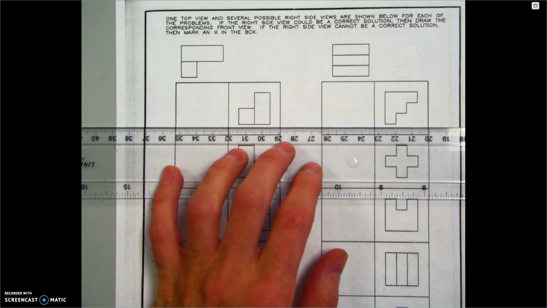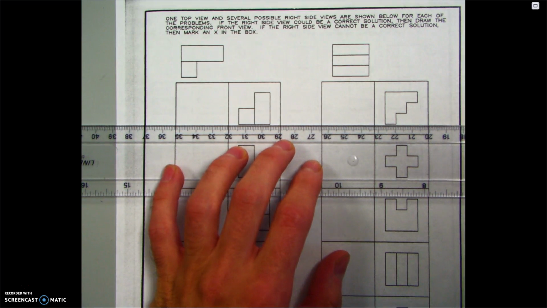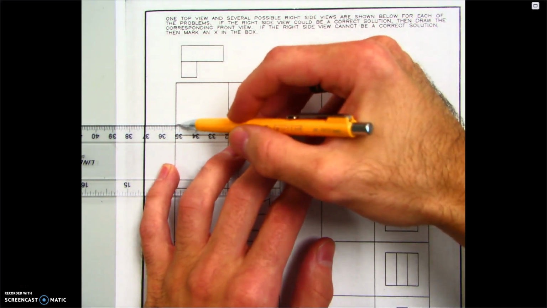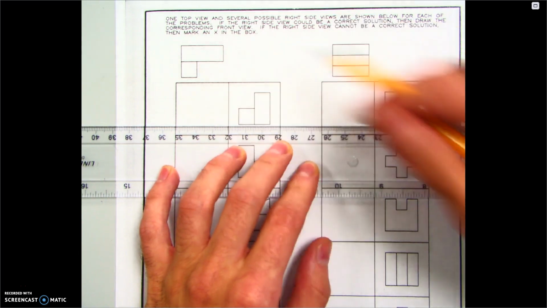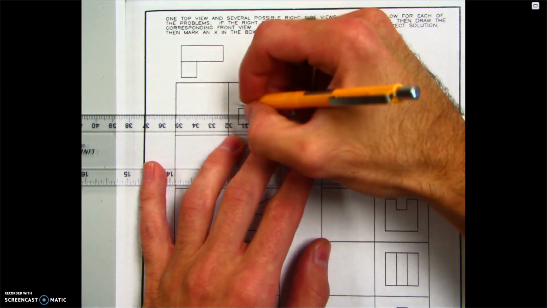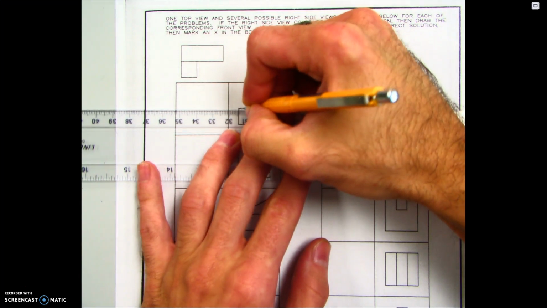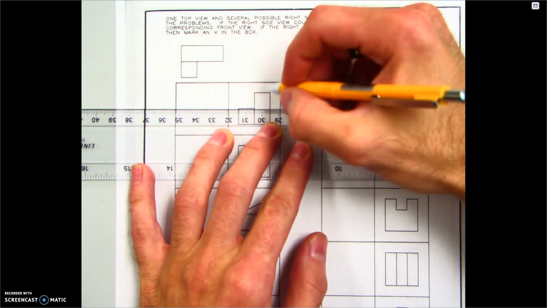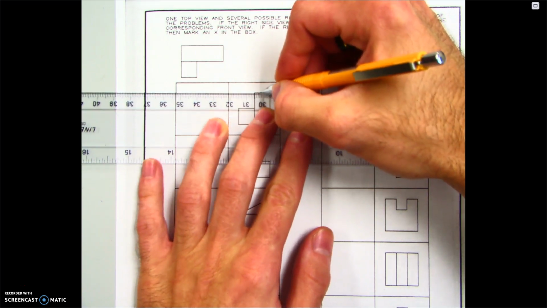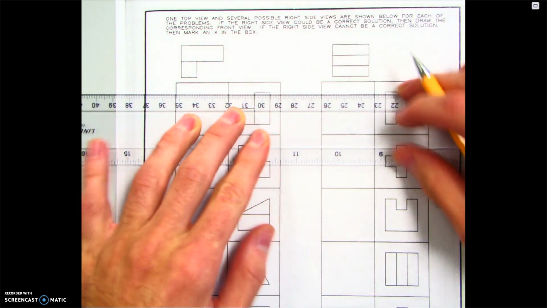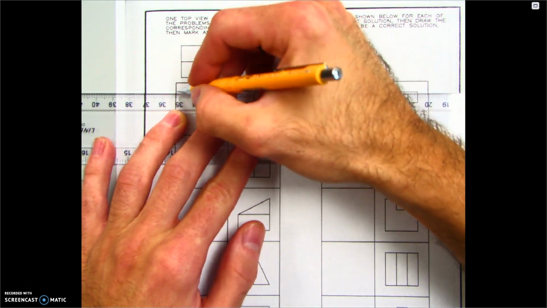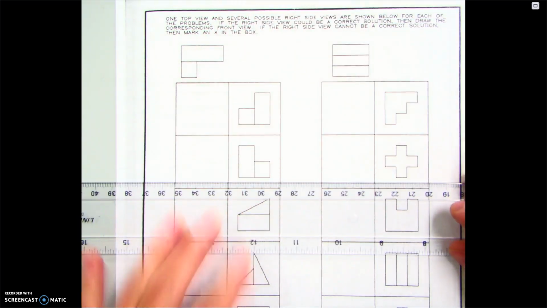So I'm going to start with some horizontals, and I'm going to line up my t-square with the existing lines and just make a real light line over there. Bring it up to the next one and make a real light line, and to the third one, and make a light line.